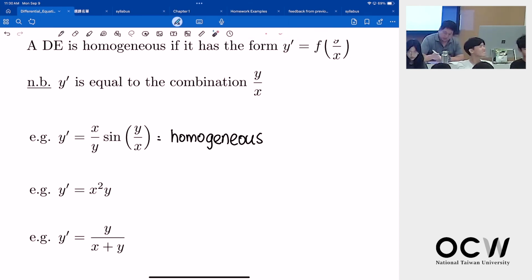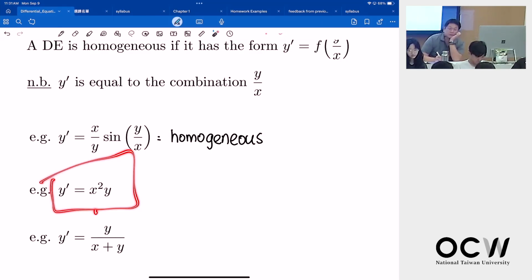The second one, is it homogeneous? Did you see any form of y over x? Impossible, right? And what is this? Can you find a solution? Which type of differential equation is this? Any thoughts?